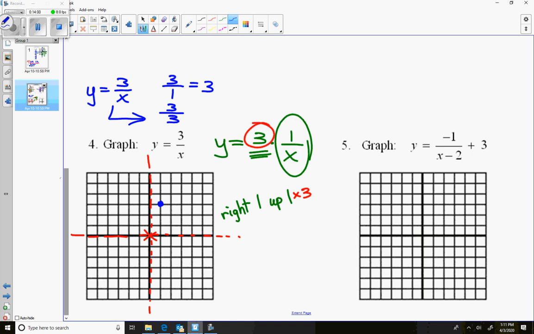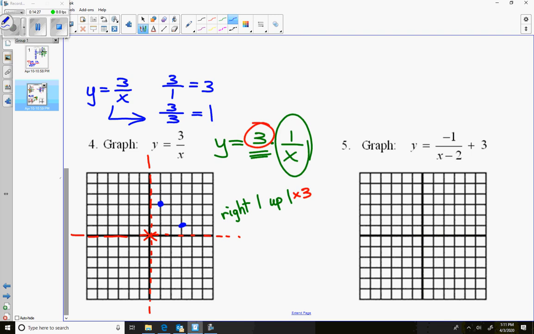So I get 3 over 3. What's my y value? 1. So not only do I get the point 1, 3, but I'm also going to get the point 3, 1. So whereas with the parent function, I only got 1 point in quadrant 1 per se, with that 3 there, it's going to give me 2 points. So right 1 up 3, but also right 3 up 1.